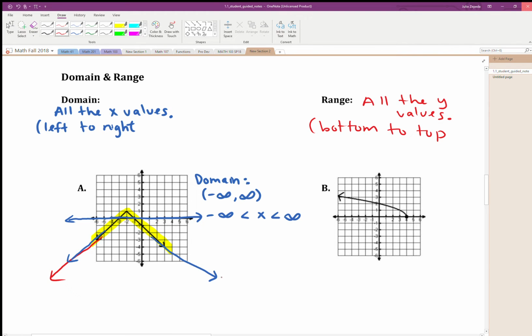It does not have a stopping point in the downward direction. So the range, starting at the bottom, starts at negative infinity, but then it stops right at this point. So we can trace onto my y-axis. Looks like it stops at 1. So my range is from negative infinity all the way to 1, and the 1 is going to be included.